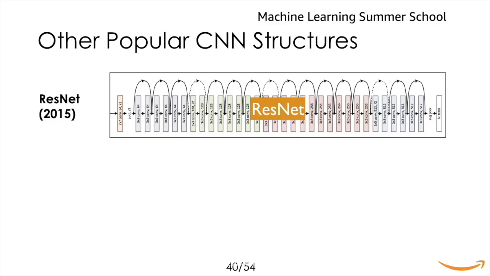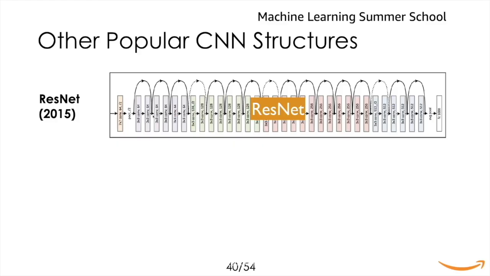ResNet introduced residual connections or skip connections, right? So these connections skipped a few blocks. You can see that it's not connected to this block, right? It skips a few blocks. And this allowed the network to learn better. The authors hypothesized that residues would be easier to learn than the entire function.